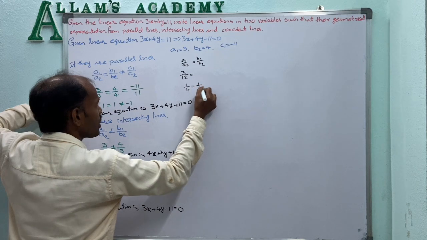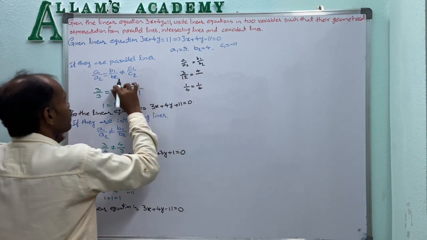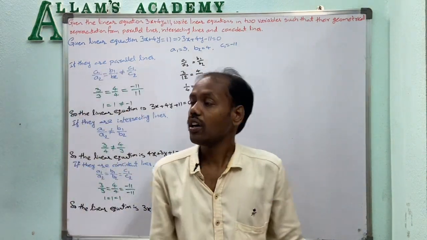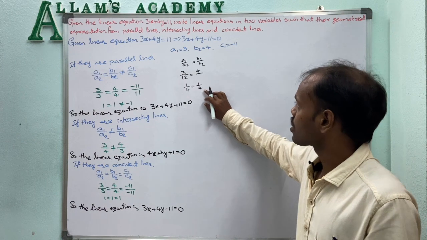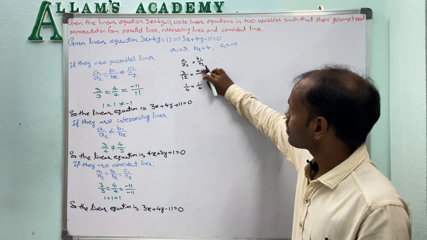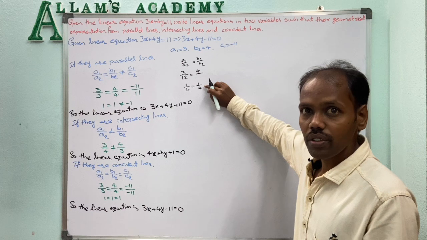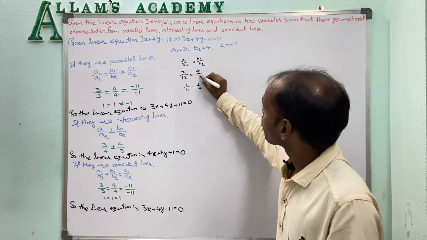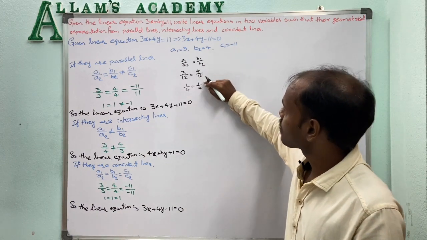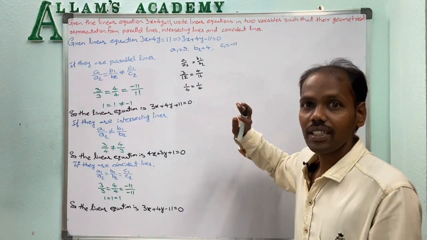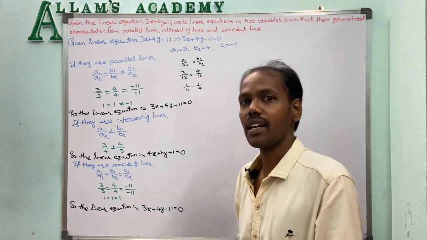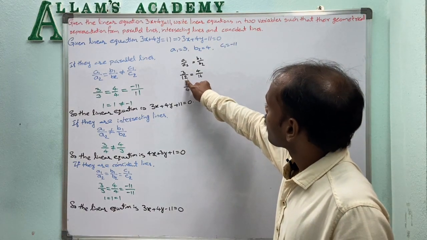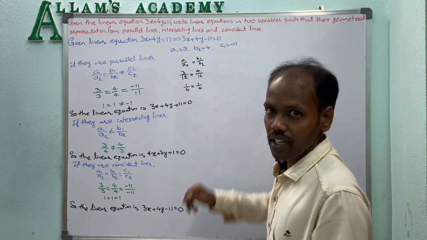Here the y coefficient b1 is 4, and to get the 1 by 4 ratio we take 16, since 4 ones are 4 and 4 fours are 16. So the same ratio 1 by 4 comes here. Now we will take 12x plus 16y and any other number.